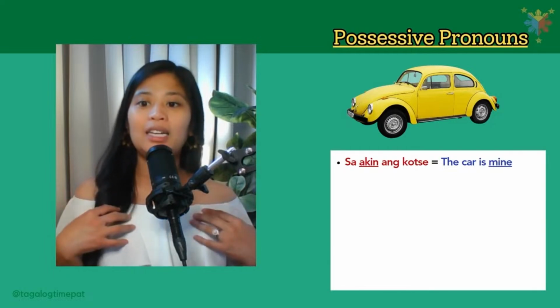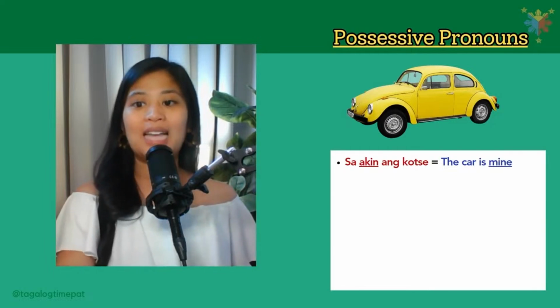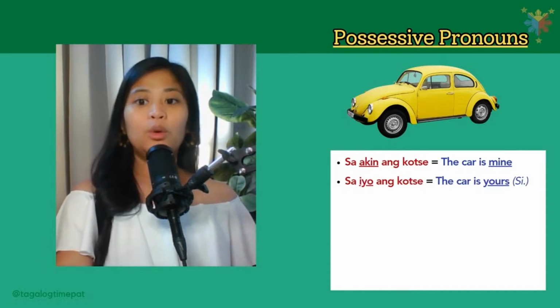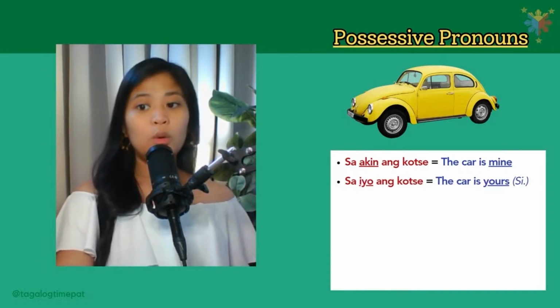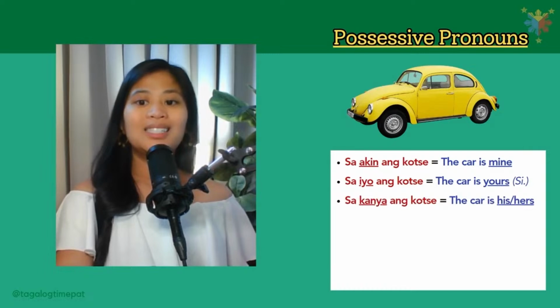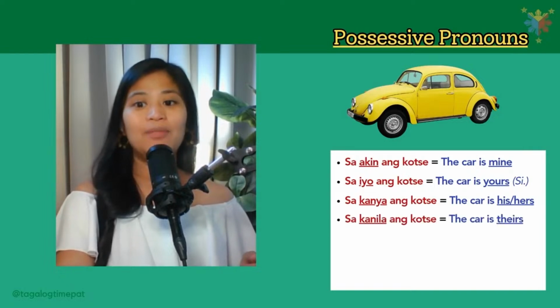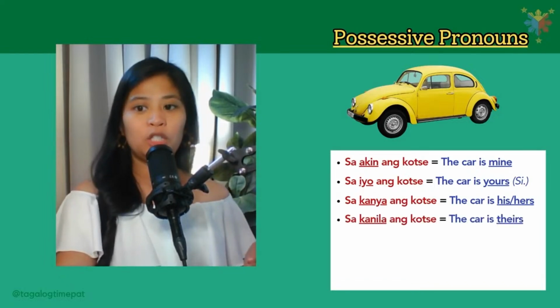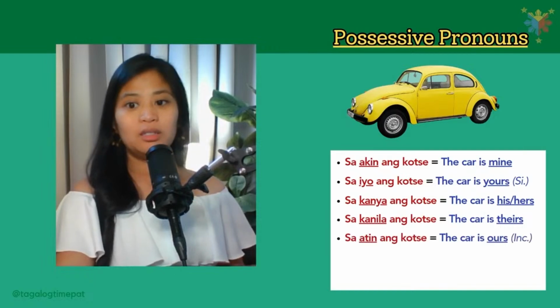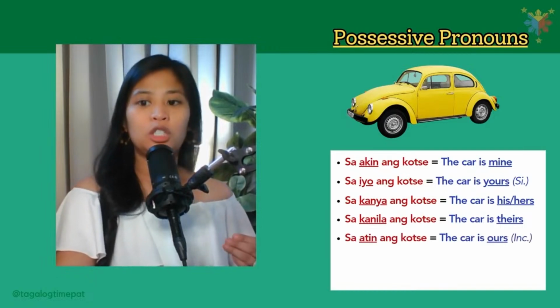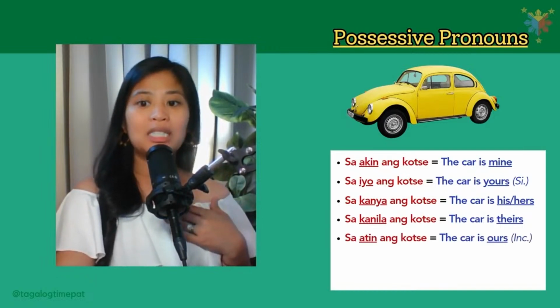So, sa akin ang kotse, the car is mine. Sa iyo ang kotse, the car is yours, singular. Sa kanya ang kotse, the car is his or hers. And that's gender neutral, kanya. Sa kanila ang kotse, the car is theirs. Sa atin ang kotse, the car is ours, inclusive.